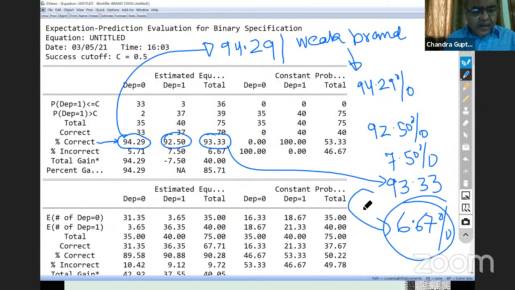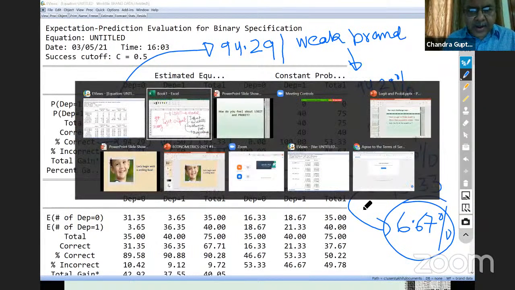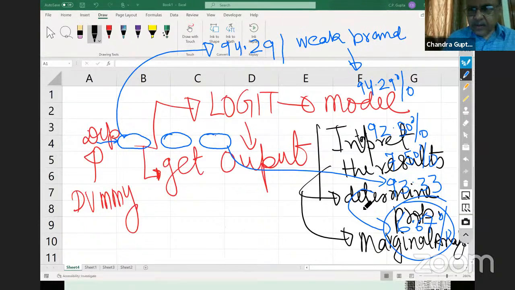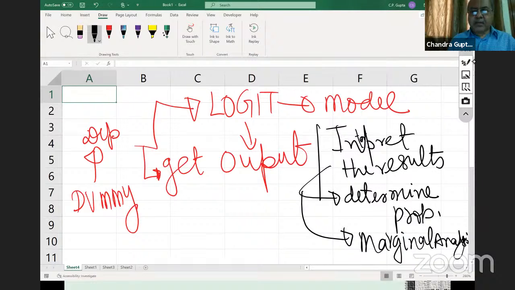Okay, so friends, we have understood the different aspects of the logit and probit model. Use it when you find that your dependent variable is binary or a dummy variable, and that's how you can look at all facets of the model.